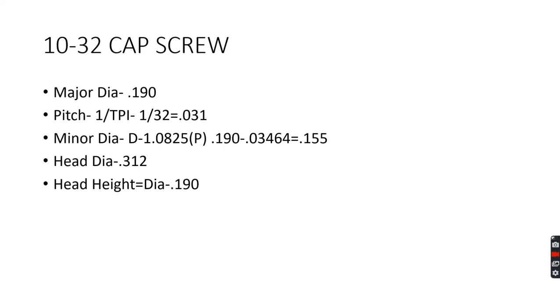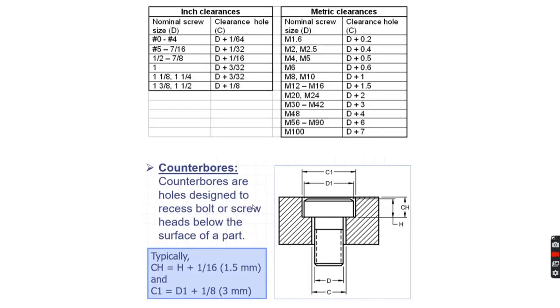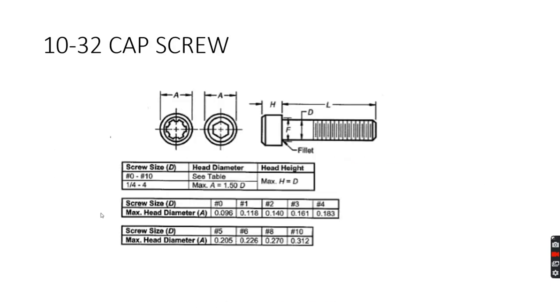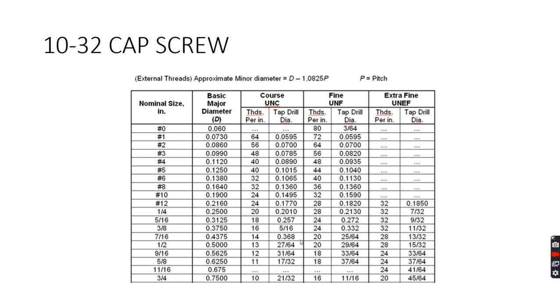The minor diameter is 0.155. The head diameter is 0.312, and the head height is the diameter, or 0.196. Okay, those numbers came from here. Here is the head diameter of a number 10. Okay, here is the basic diameter, 0.190.